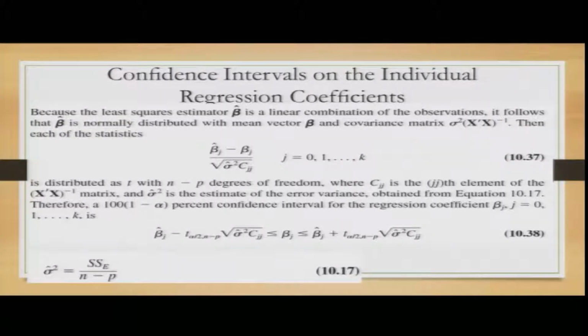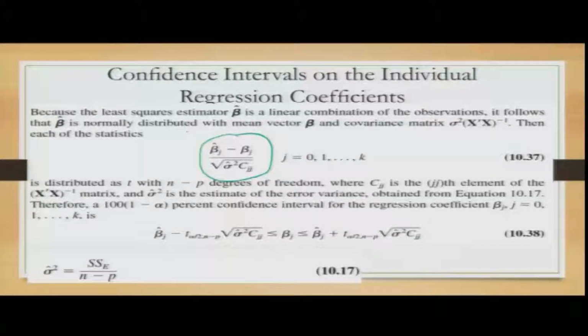So, considering that normality holds, it becomes a very simple test of a z value. When you convert x, which is a normal random variable, into a z statistic or standard normal variable, in the denominator you have the square root of the variance, or the standard deviation, and in the numerator you have that random variable minus its expected value. Similarly, look at this equation: beta hat minus beta j.